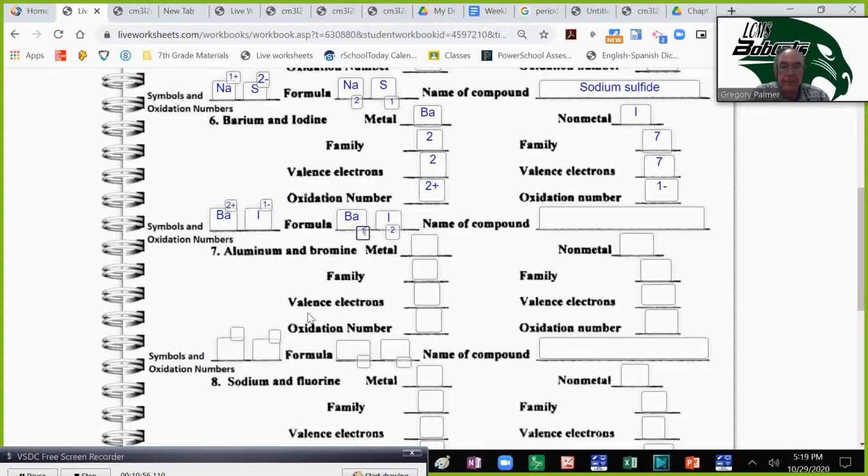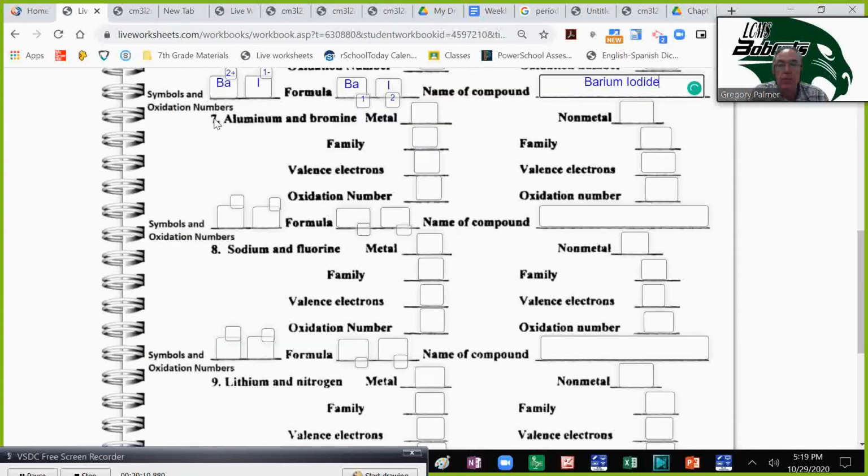And that's it. Just crisscross and drop the signs. So now the name of the compound is barium, and we never change the name of the first one. And we put IDE on the end of the second one. So it's barium iodide.